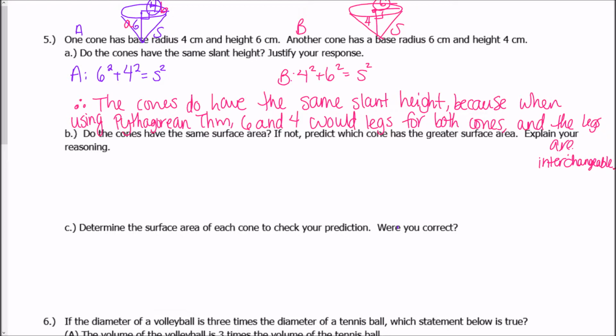Now, when we say that the legs are interchangeable, remember the A and the B are allowed to be switched. So it doesn't matter if I put the 6 first in or if I put the 4 first in, I will get the same answer.